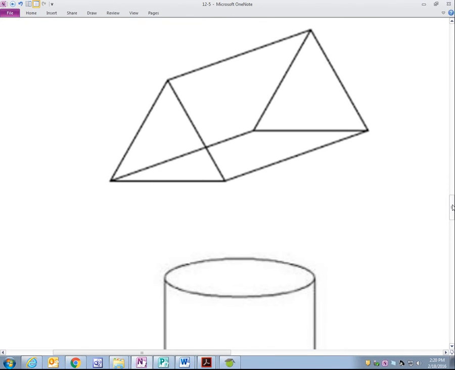Next one we have a triangular prism. Once again, we're going to label the faces.